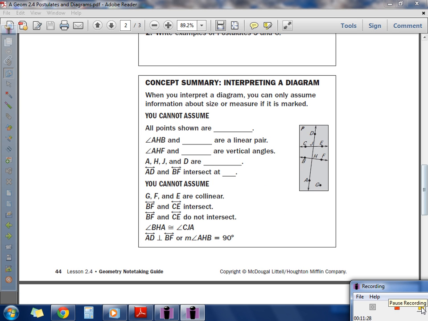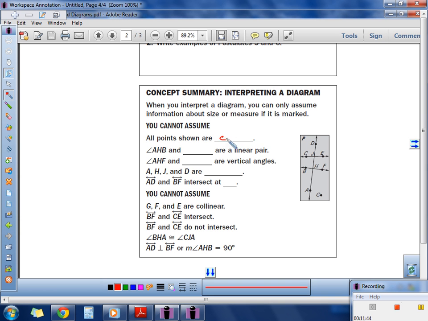In this next little concept summary box, it goes over some topics from previous sections as well. So all points shown are what? Coplanar. They're on the same plane. The next one says angle AHB, and you can highlight it if you need to.